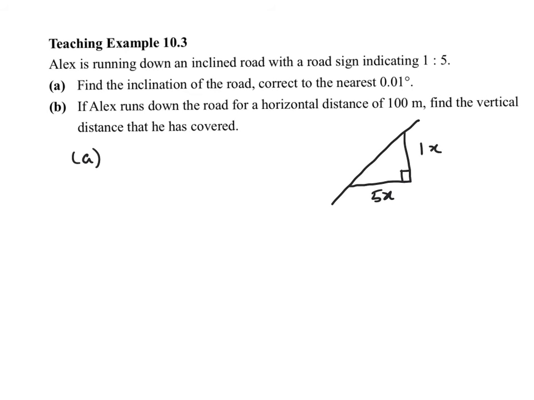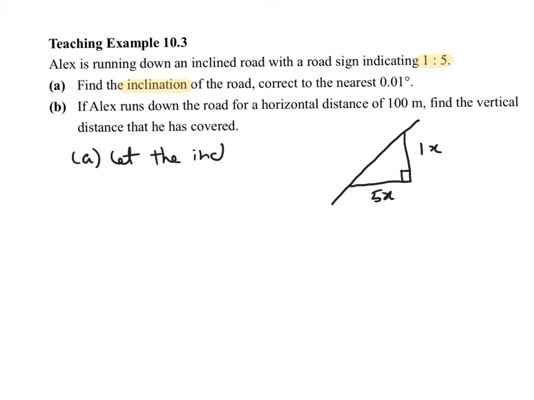1 to 5 is actually the gradient, and we know that the relationship between the inclination and the gradient is that tangent theta will equal the gradient. Since we did not define theta, we have to define it.